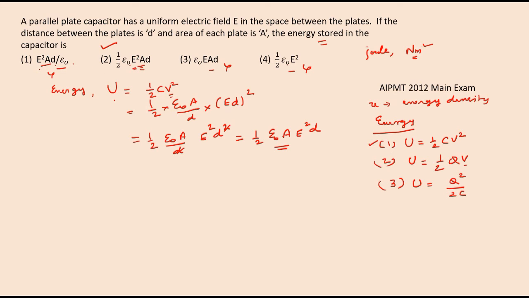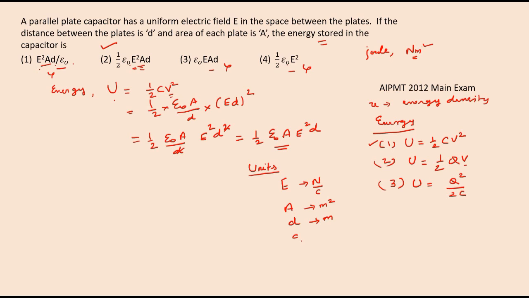Anything that comes in Newton meter should be the correct option. For this, you should know the units of the individual quantities. The SI unit for electric field is Newton per coulomb. For area, meter square. For D, distance, meter.